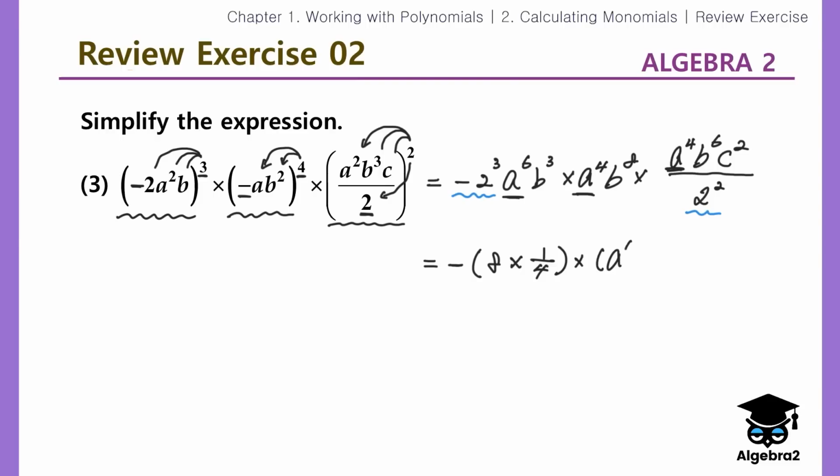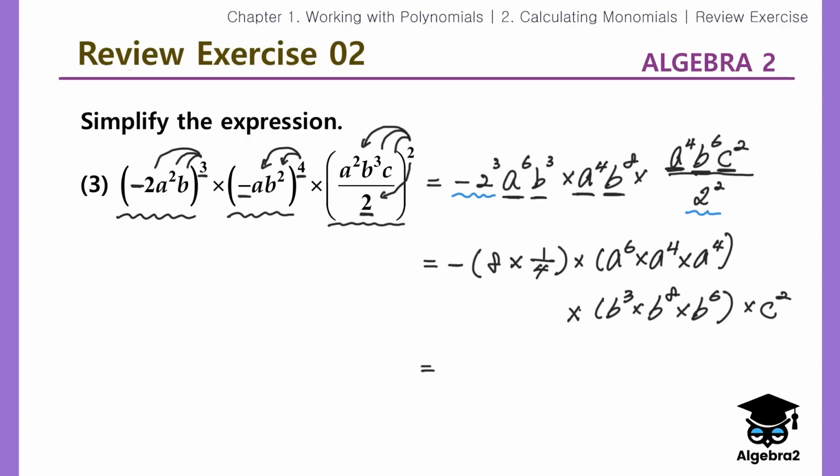And times b cube, b to the 8 times b to the 6, times, lastly, we have variable c squared here, right? So times c squared.